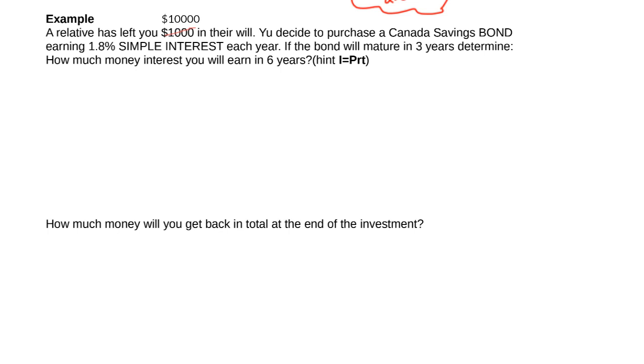This Canada Savings Bond is going to give you 1.8% simple interest each year. If the bond will mature in 3 years, we need to determine how much interest you'll earn in 3 years. So let's figure out what that is. Remember, I is equal to PRT for the simple interest. So do your math and then check your answer against mine and see if you got that.